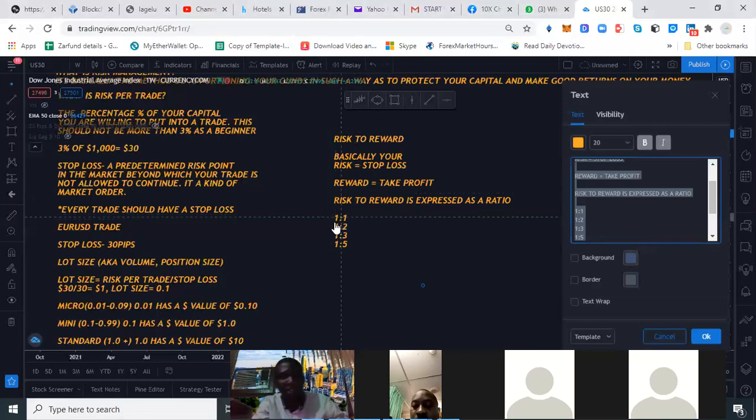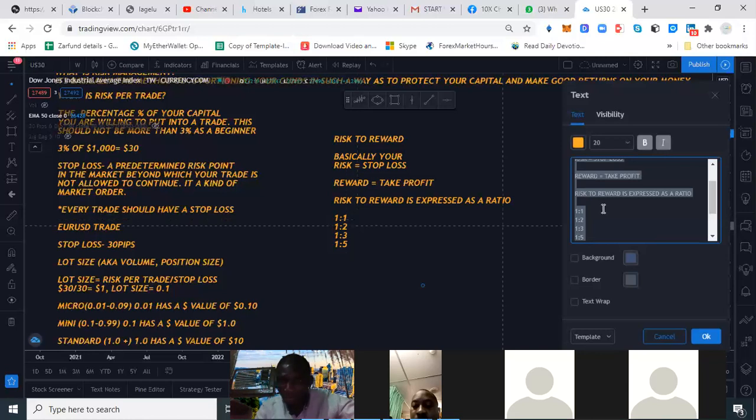So if your risk reward is 1-to-1, it means that if you are risking 3% on your trade, your target is also 3%. Which means that if you are risking 30 pips on a trade as your stop loss, your take profit is also going to be 30 pips. So for 1-to-2, if you are risking 30 pips on the trade, it means that your trade is going to have 60 pips.